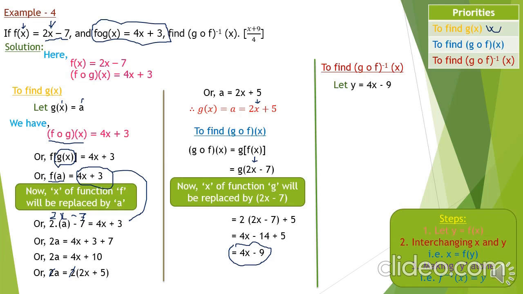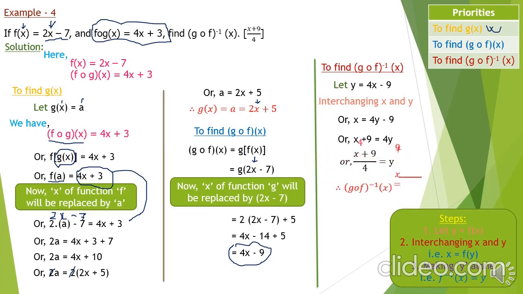You have to ask the question, why 4x minus 9? Because we have to find the inverse of the entire composition g o f, which is in the bracket. So let's interchange x and y, and after interchanging, now y must be alone. It's still not alone. Making it alone means the coefficient of y must be positive 1. Now that's the inverse, x plus 9 by 4.